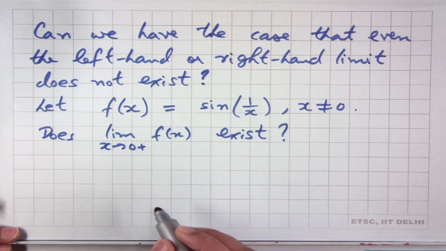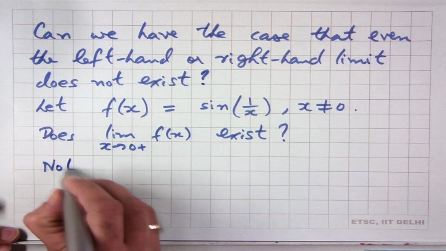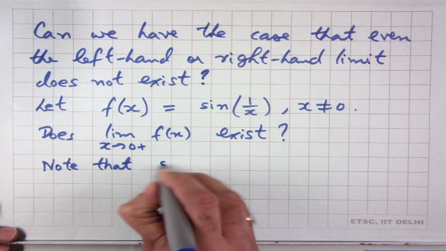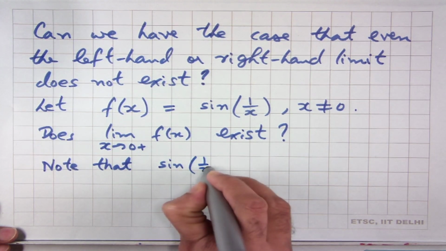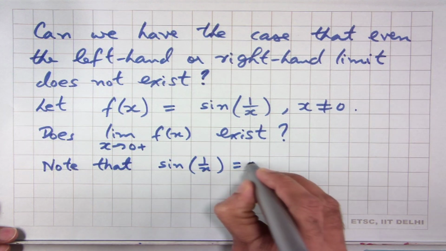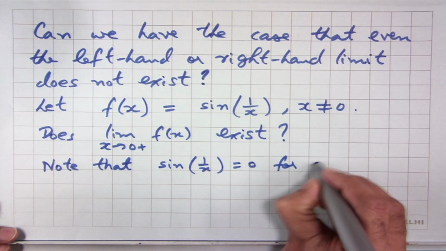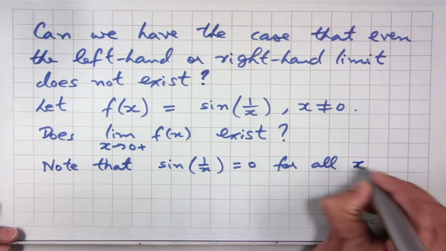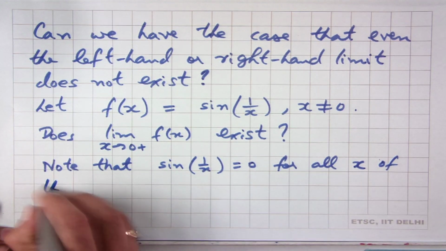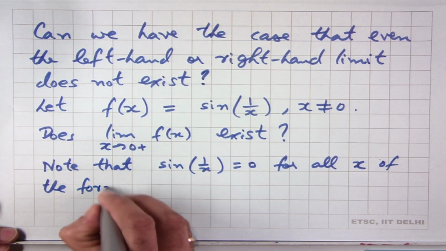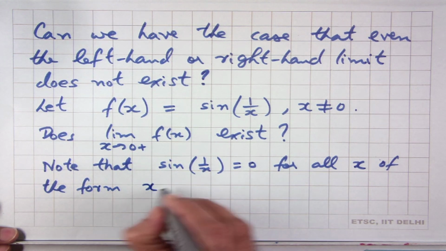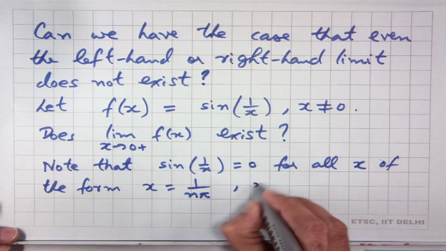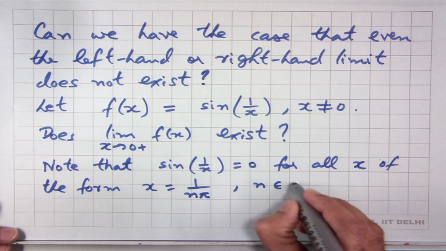So, if you draw the graph of this function, note that sine of 1 by x is equal to 0 for all x of the form x equal to 1 over n pi, where n is a natural number.